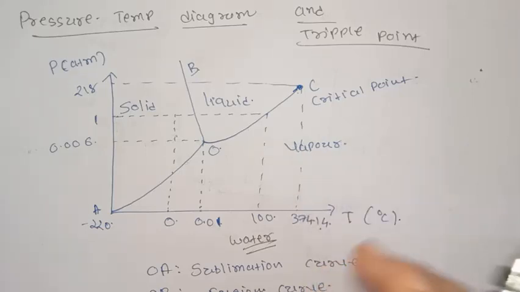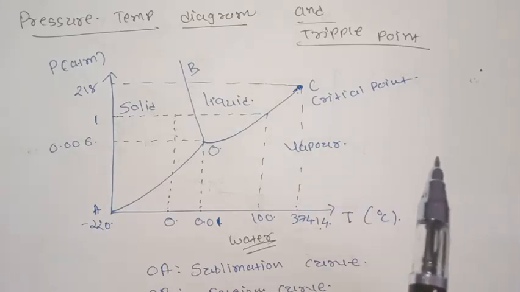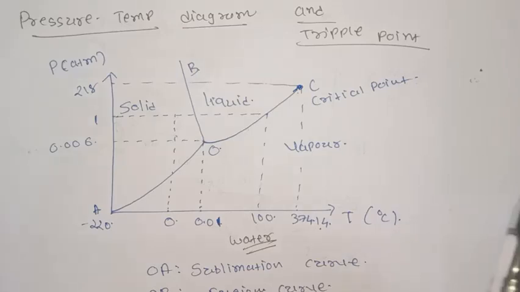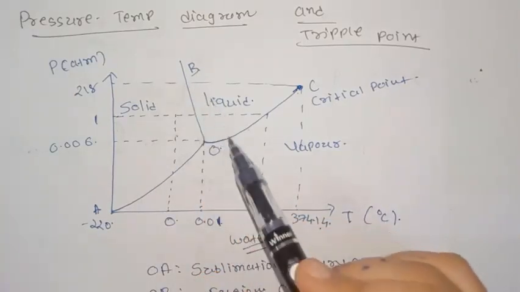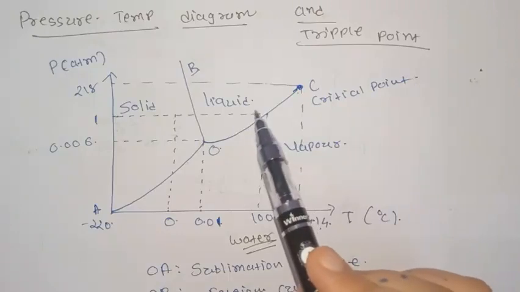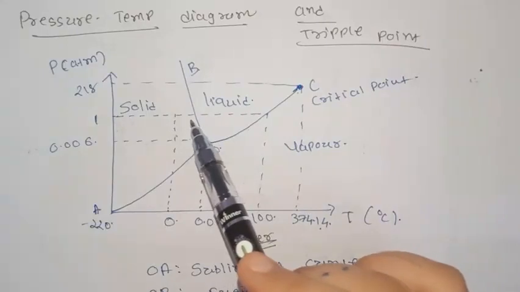The melting point of a solid also depends upon the pressure. A curve which shows the variation of melting point with pressure is called the fusion curve. Here, OB is the fusion curve. In the case of water, this curve is called the ice line.